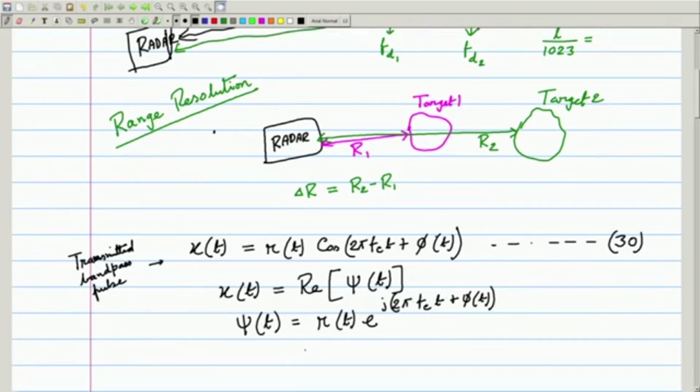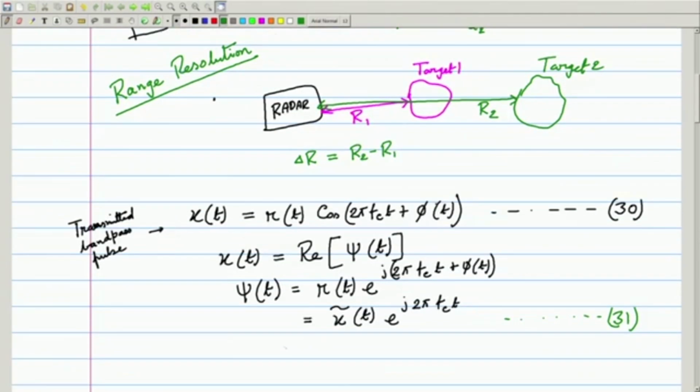That we know, now the complex envelope will come, x(t) e to the power j 2 pi f_c t. So, let me call this equation 31. So, what is the complex envelope value then?